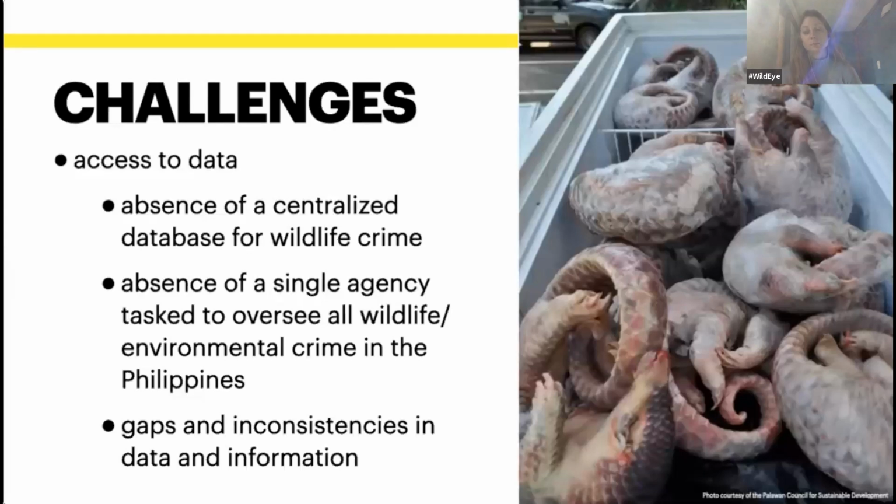And the absence of a centralized database would also lead to some gaps and inconsistencies in data and information. This would mean that in the course of my reporting, I had to approach different agencies and really go through different kinds of documents to be able to get the data that I need for the story. And then at the same time, there is also the absence of a single agency that is tasked to oversee all wildlife or environmental crime in the Philippines.